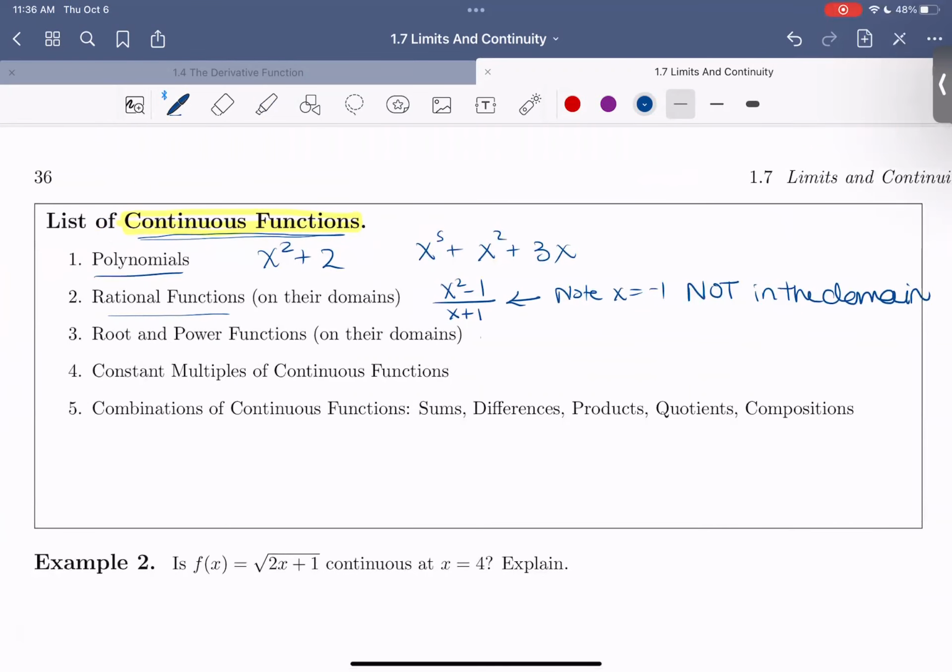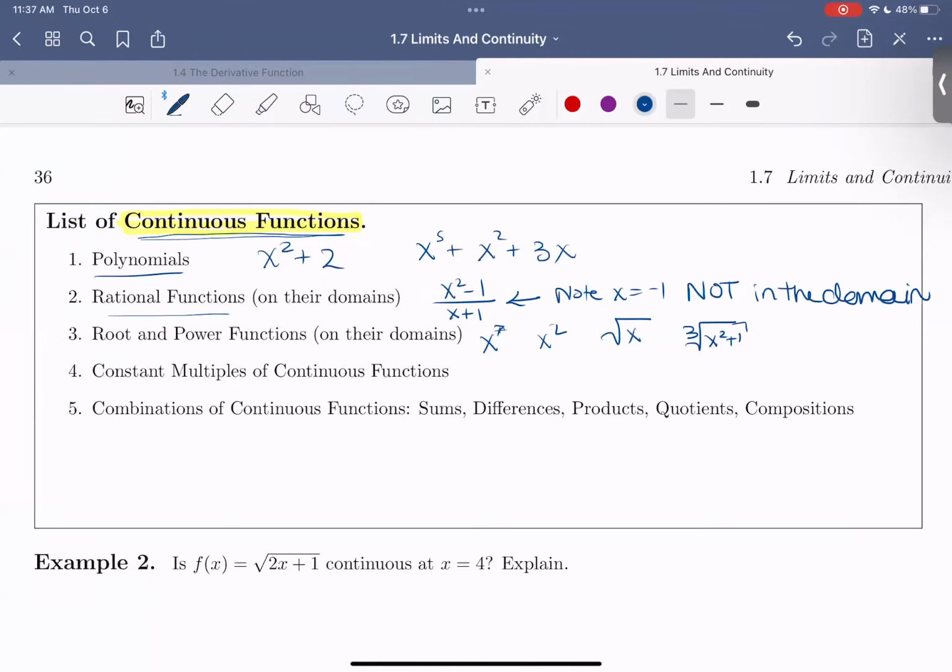So functions like x to the 7, it's a power function, x squared is a power function, and root functions like square root of x, cubed root of x squared plus 1, things like that are all root and power functions. Constant multiples of continuous functions.